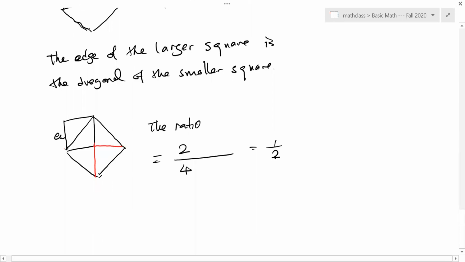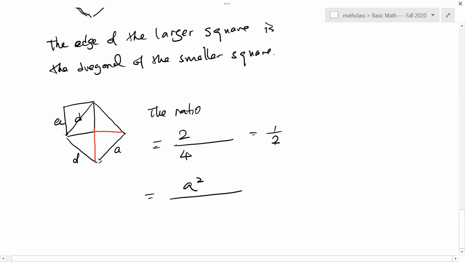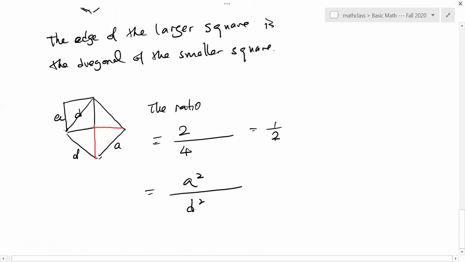So this is A, that's a D. So the area of the smaller square is A squared, because A times A, right? The area of the larger square is going to be D squared, okay?